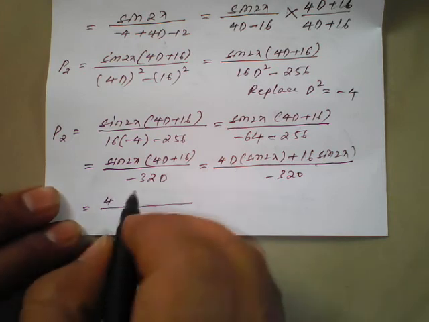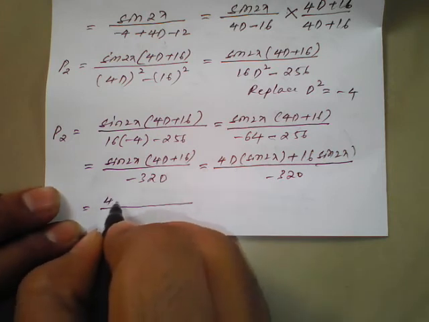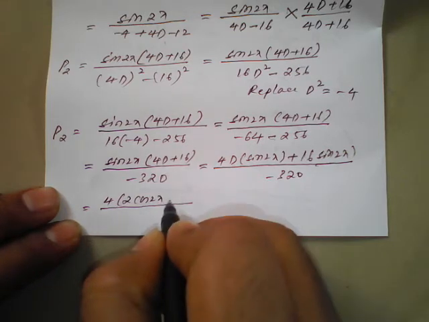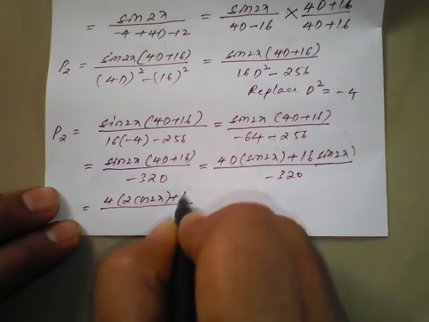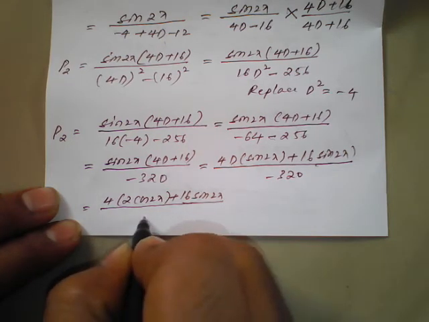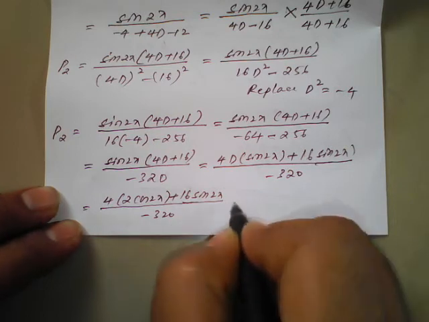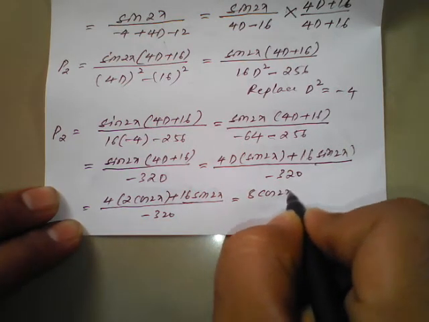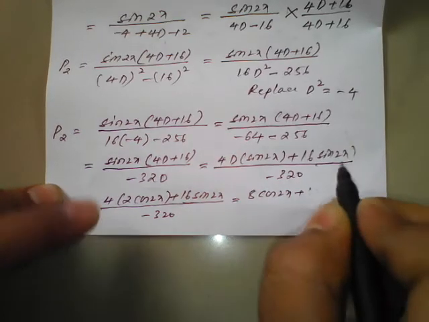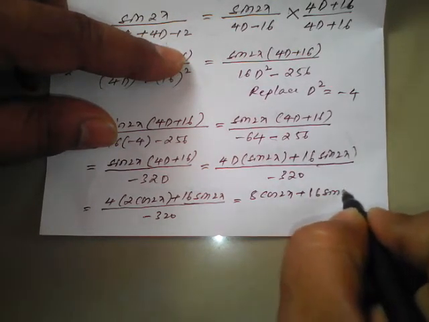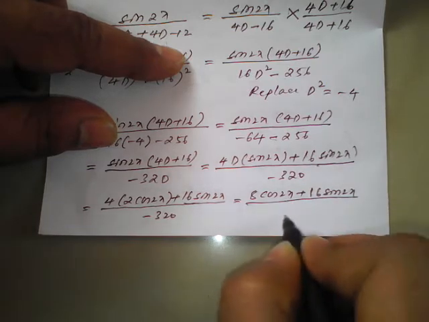So differentiation of sine 2x is how much here, 2 times cos of 2x plus 16 times sine 2x divided by minus 320, which is nothing but 4 2s are 8 cos 2x plus 16 sine 2x divided by minus 320.